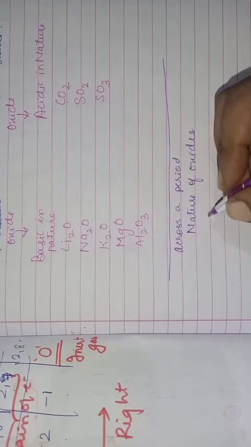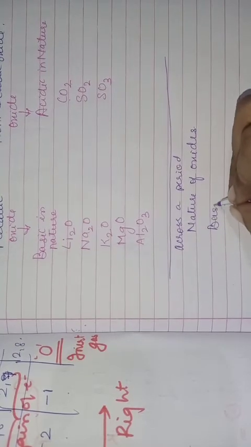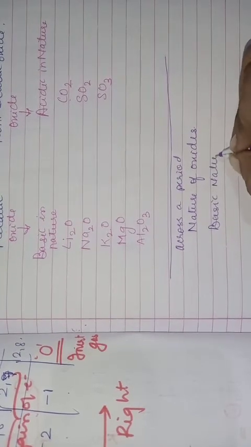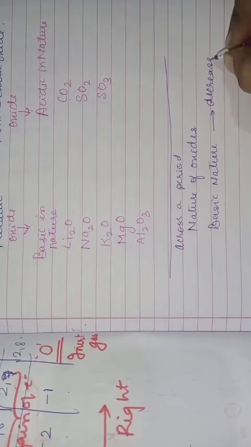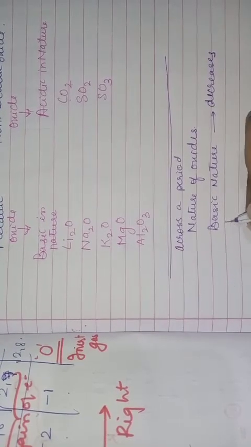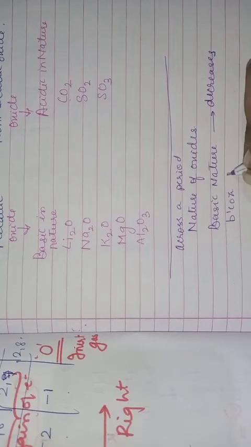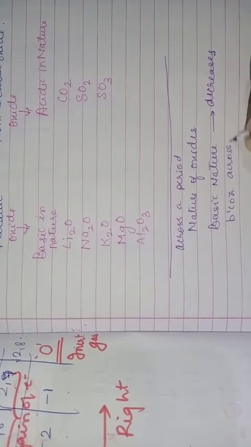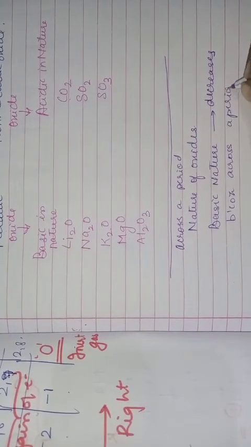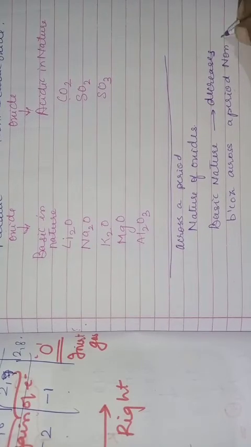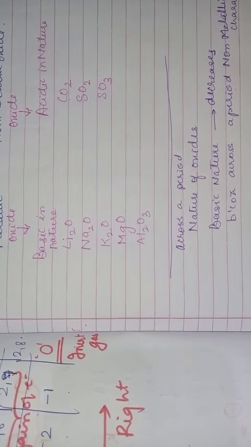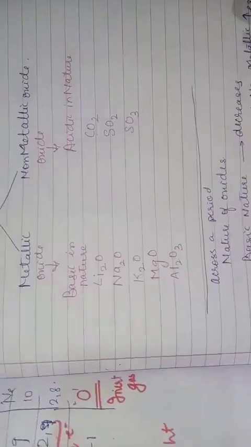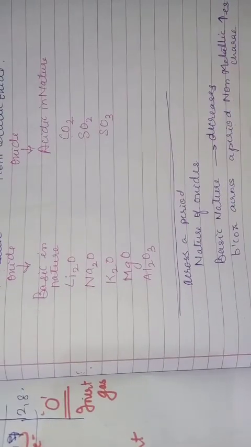Basic nature of oxide decreases. So we have basic nature decreases. Because across the period what is increasing? What is the reason? Because across a period non-metallic character increases. This is the reason, because across a period non-metallic character increases children.